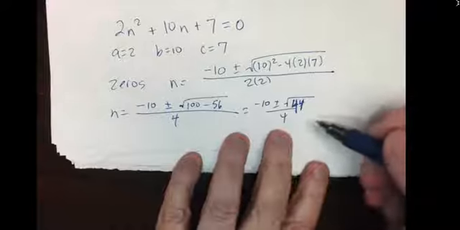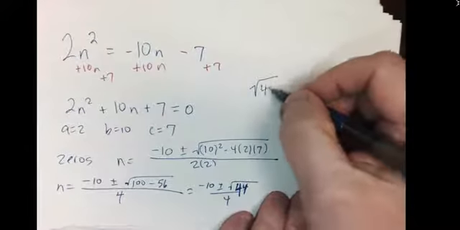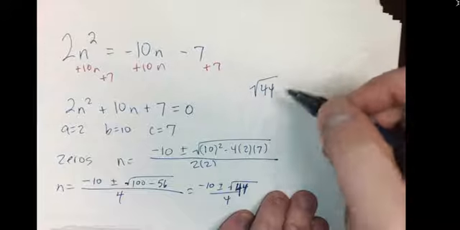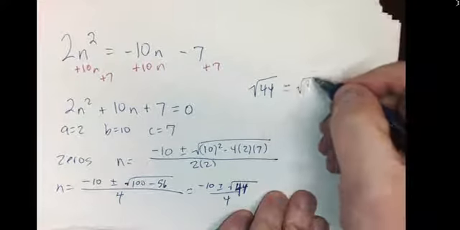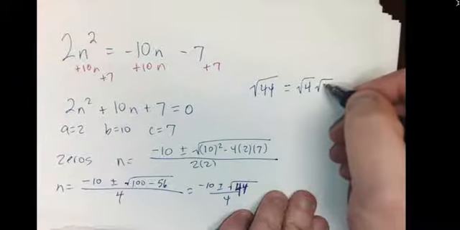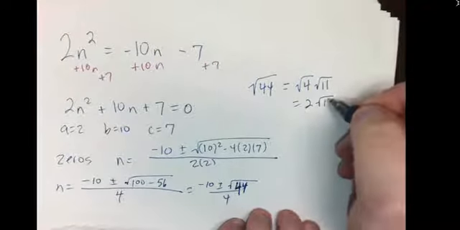Now, I can't leave it like that because 44 can be simplified. How do you simplify 44? 44 is not a perfect square. Is it a product of something that's a perfect square? Well, yes. I can write it as 4 times 11. So that's going to give me that.